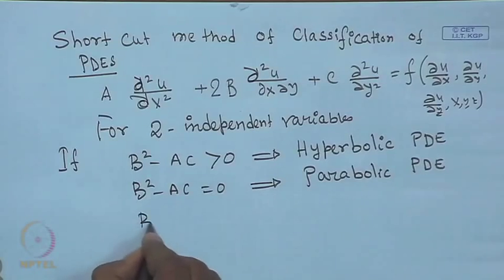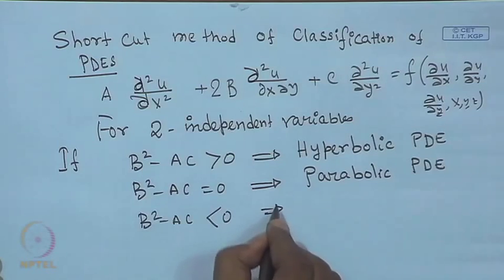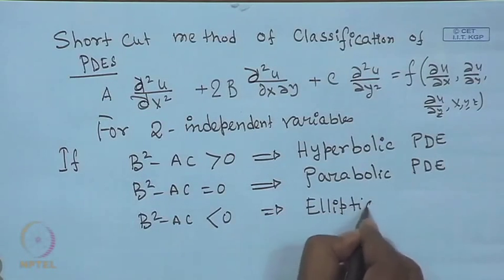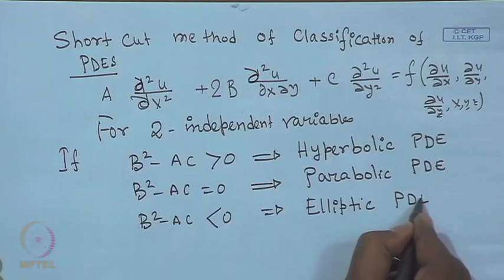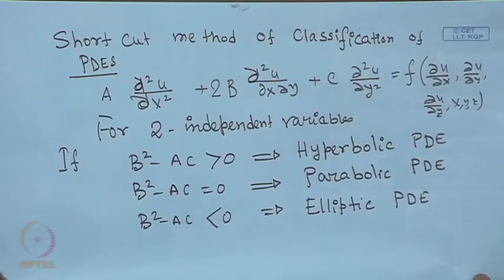If b square minus ac is less than 0, then we are talking about an elliptic partial differential equation. Now, that becomes very simple for a two dimensional problem.